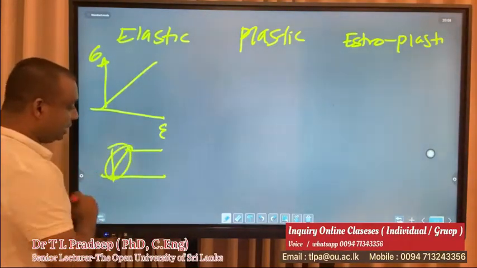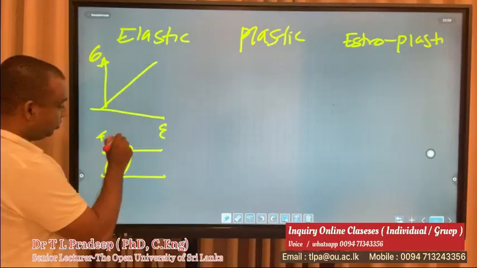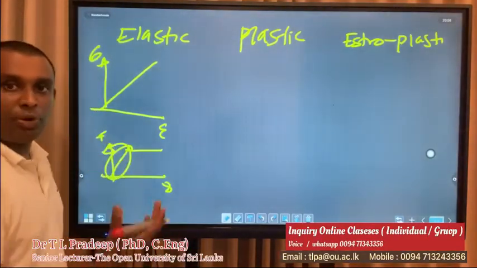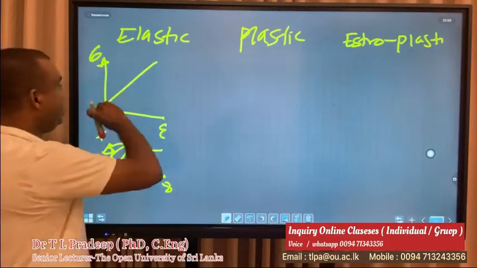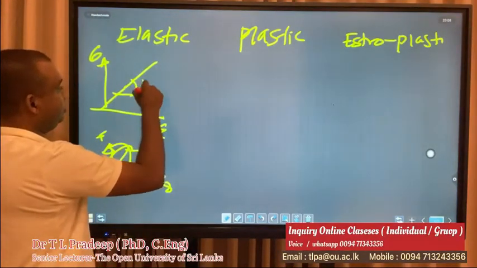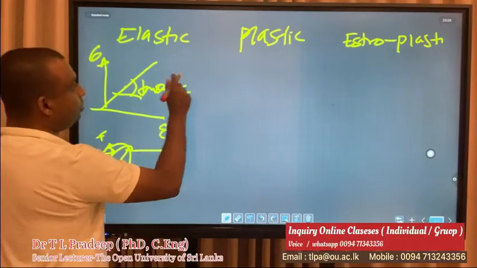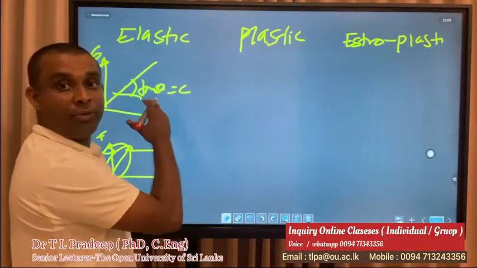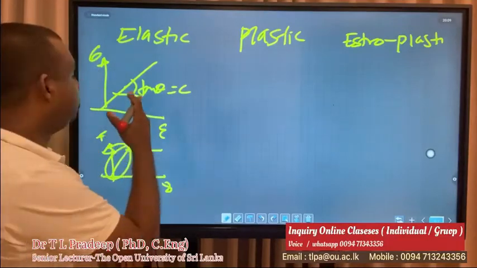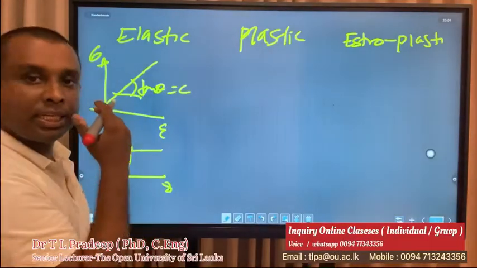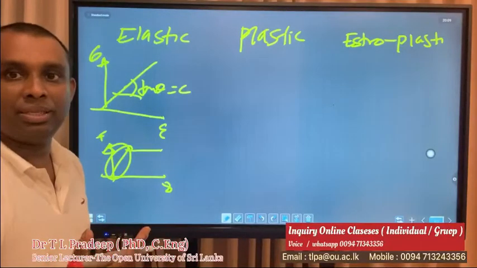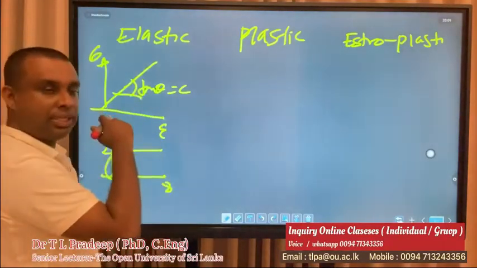So here you can see the forces applied to the distance, the deformation is linear. So when the gradient is constant, we call it elastic. In other words, the stiffness of this element and the material is constant, we call it as elastic behavior.